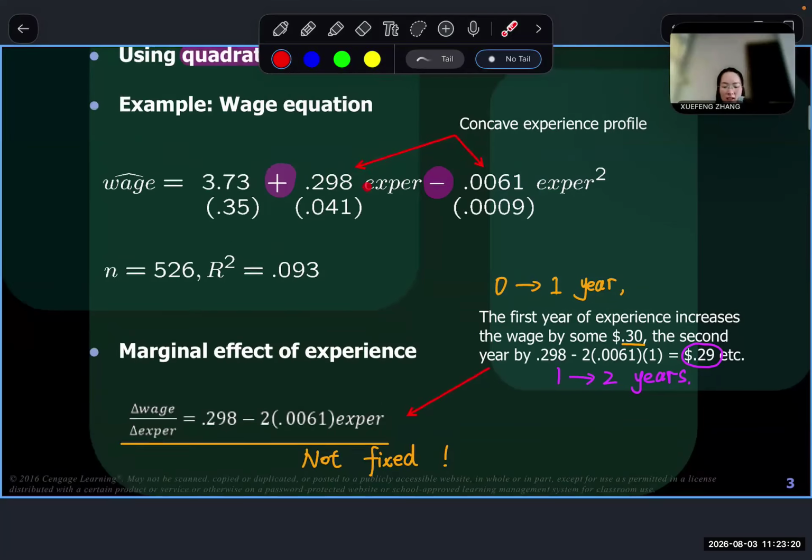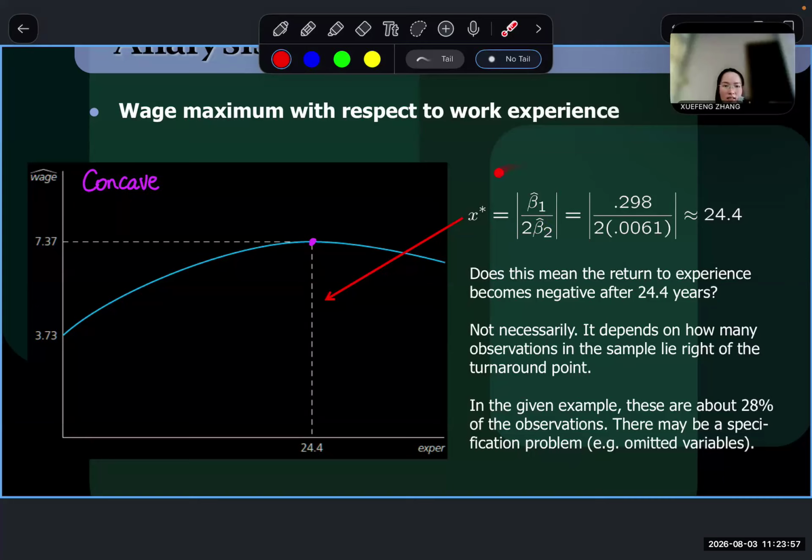Okay, let's look at this graph. As I told you before, the curve is concave, an upside down U. So it has a peak, right? This is the peak point. And how do we find the peak? We need the derivative. X star equals beta 1 hat over 2 beta 2 hat. We take the derivative and set it to 0.